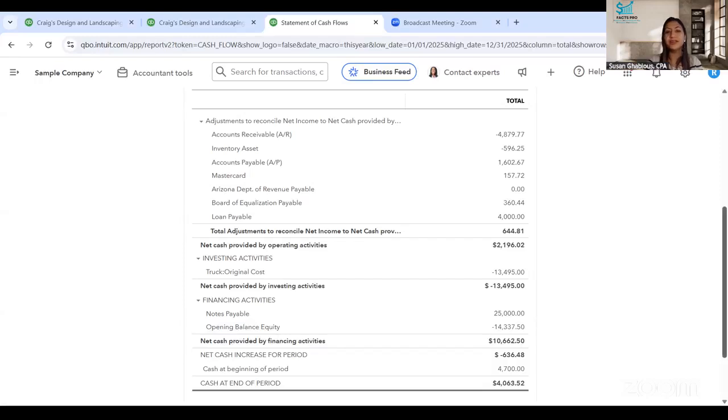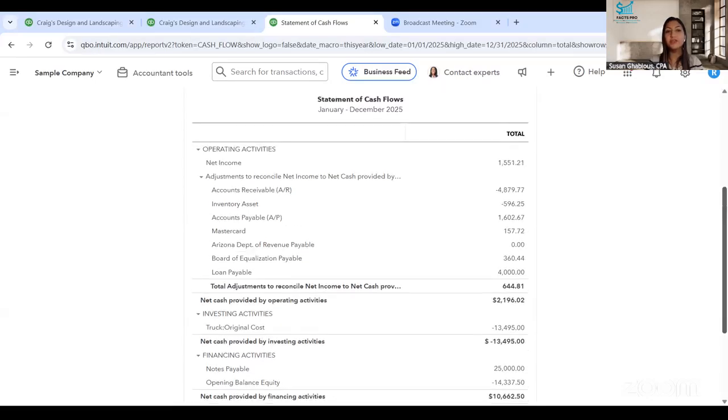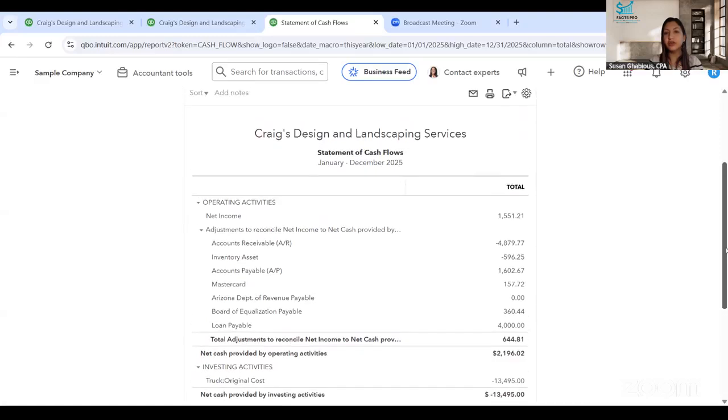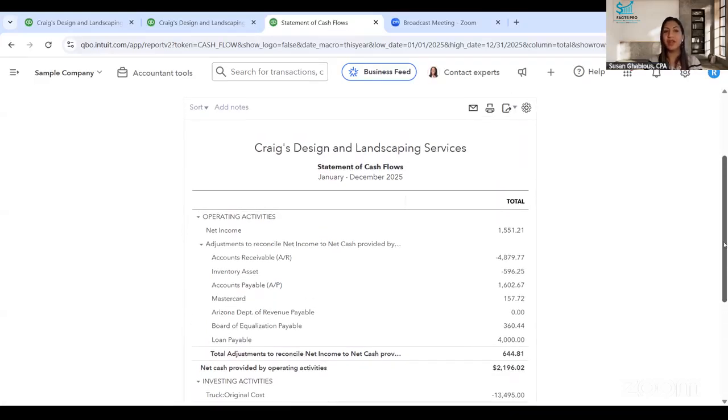So that tells you, okay, why do I have a positive balance in the bank account? Is it because I'm good in my operations, or I got it from other sources like financing? So it helps you very, very much in determining, okay, this is how my business is doing. It helps you find out whether you're doing well actually in your business, or you're mainly relying on your financing.